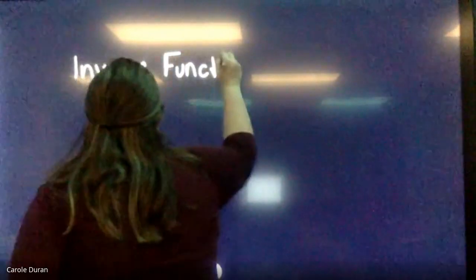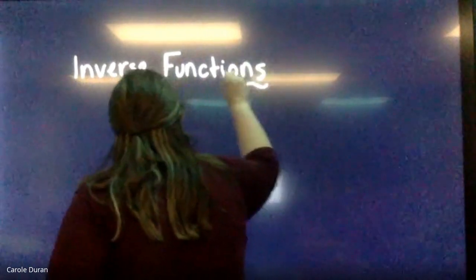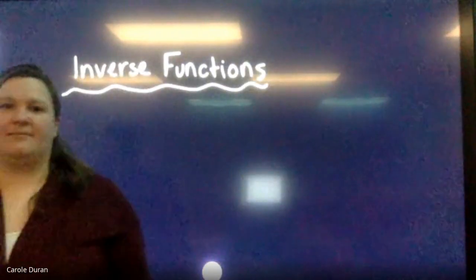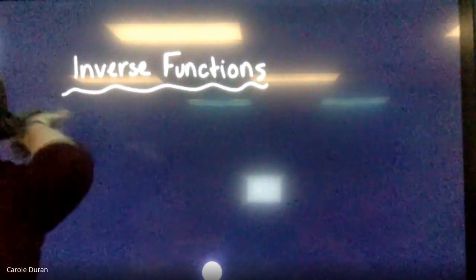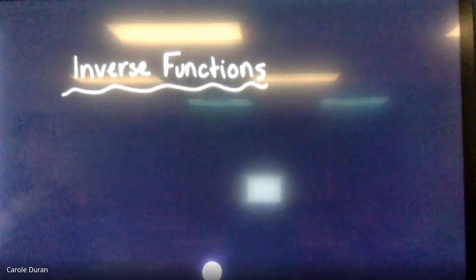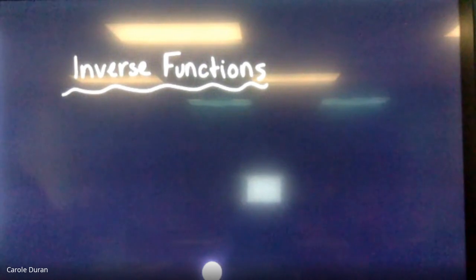Okay, so today we are doing inverse functions. When we talk about inverse functions, it's kind of the exact opposite of whatever our original function is, which means that our x and our y's flip.